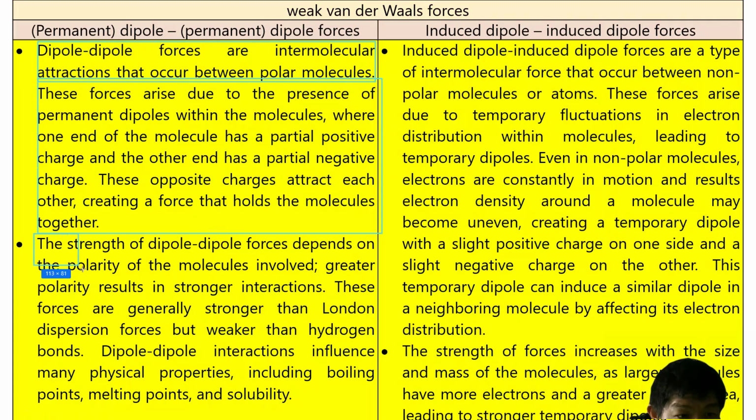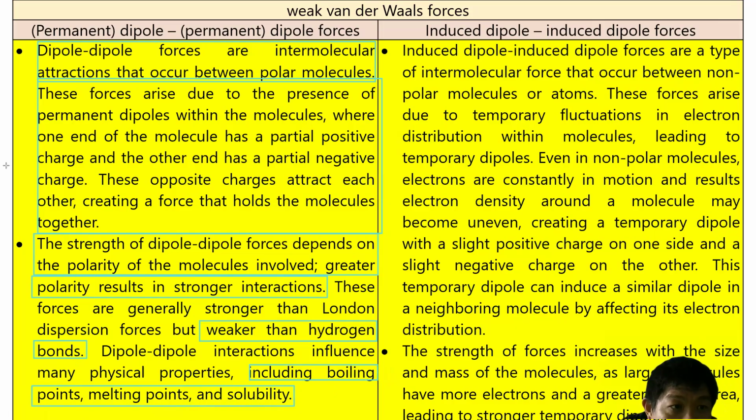The strength of the dipole depends on the polarity of the molecules involved, so greater polarity results in a stronger interaction. These forces are generally stronger than London dispersion forces, but weaker than the hydrogen bond. Dipole forces influence many physical properties, especially boiling point, melting point, and some part of solubility also will be influenced by it.